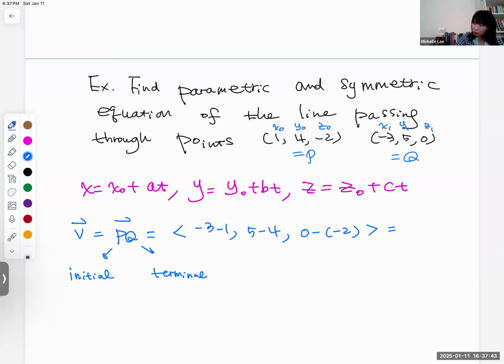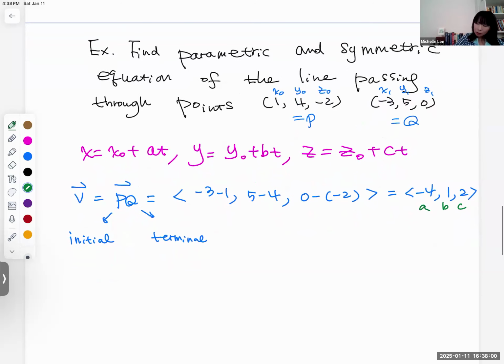Then we get -4, 1, 2. So that will be a, b, c. Then we have x naught, y naught, z naught here.